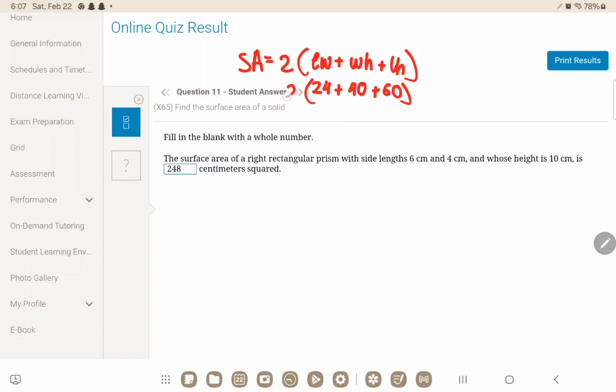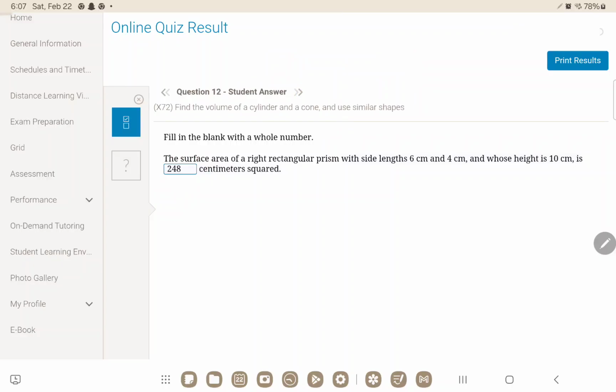We get 124 times 2, which is 248. And that's your answer. In the exam, they asked for a cube. For the cube, you had to find the area, which is side squared, and then multiply it by 6. So the cube is 6 side squared. This came in the exam last week. Now, moving on.